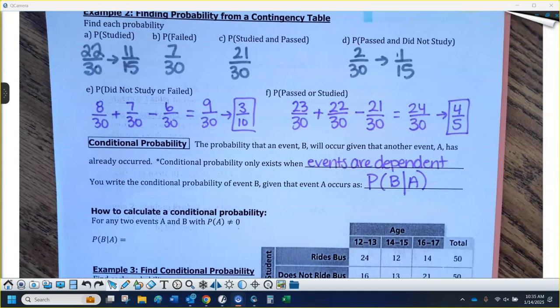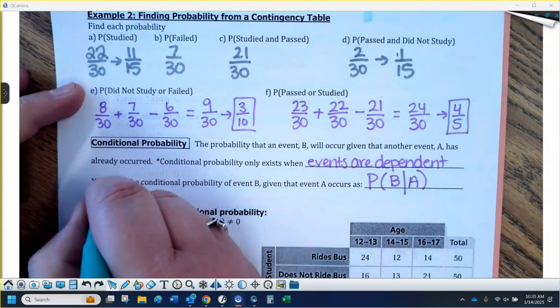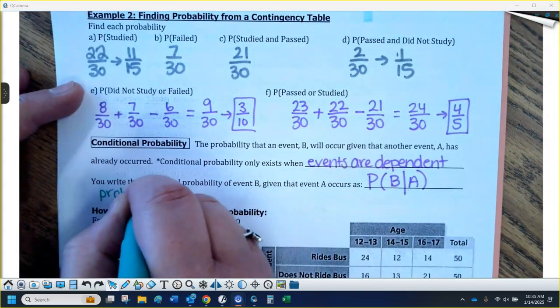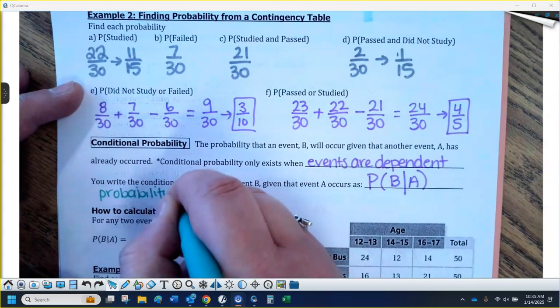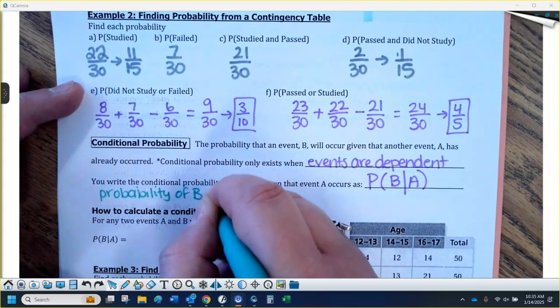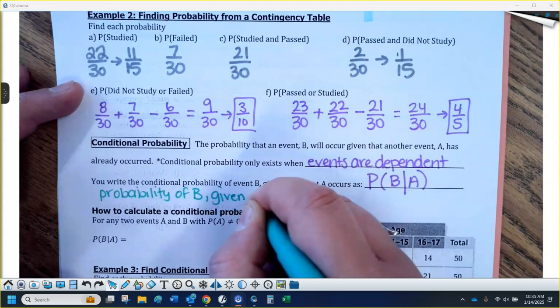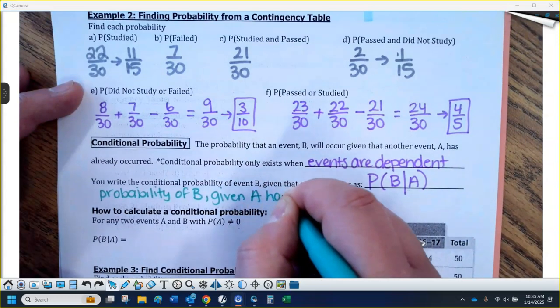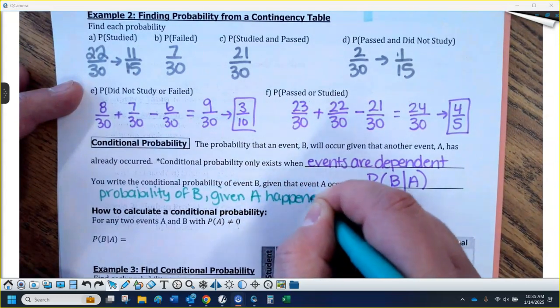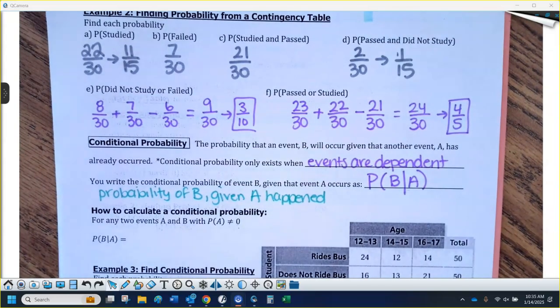The way you would read that is the probability of B given that A happened. So you know that A happened based on that notation if you see it. And you're going to determine what the probability would be.